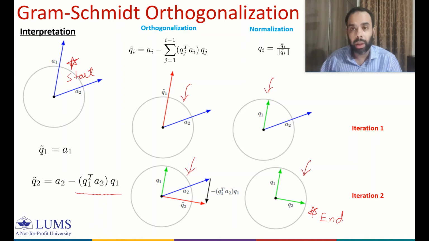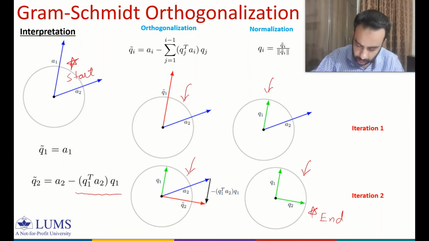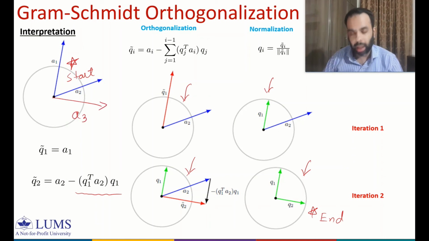So we have obtained two orthonormal vectors. What will happen if I add another vector? Say we now take k equal to 3, and we say A3 is a linear combination of A1 and A2.